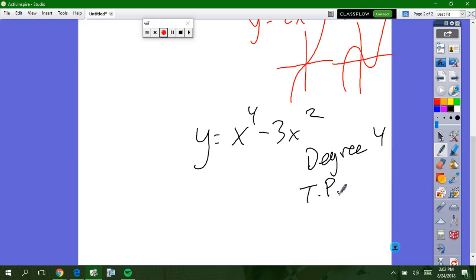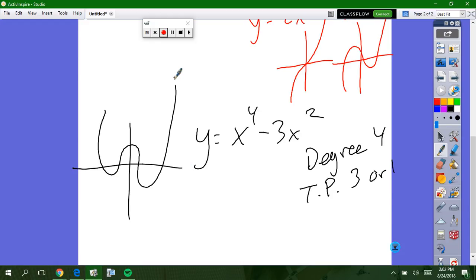How many could I have? 3 or 1. Here's an instance of 3. That could be an example of a quartic. Here is an example of the most basic quartic.